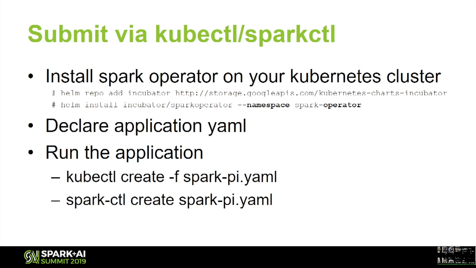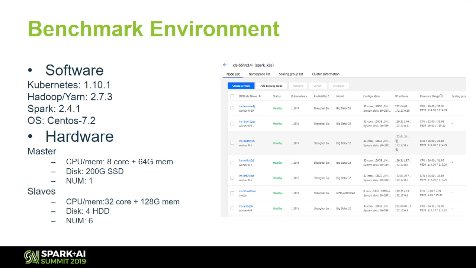And now I'll show you some benchmarks we ran on Spark on Kubernetes. We ran some benchmarks on Tencent Cloud, and in this environment, we allocated a cluster which has one master node and 6 workers.